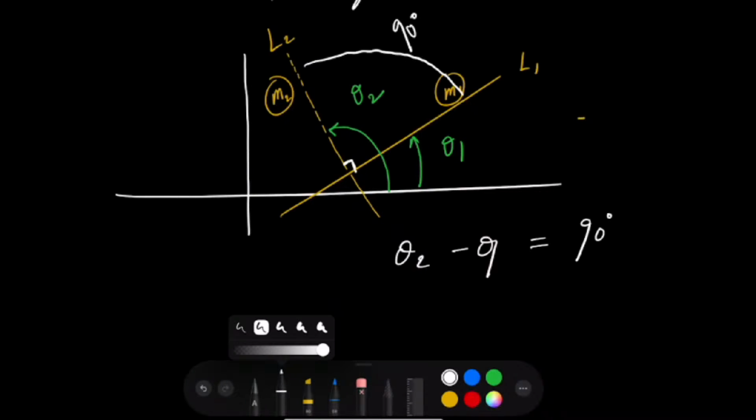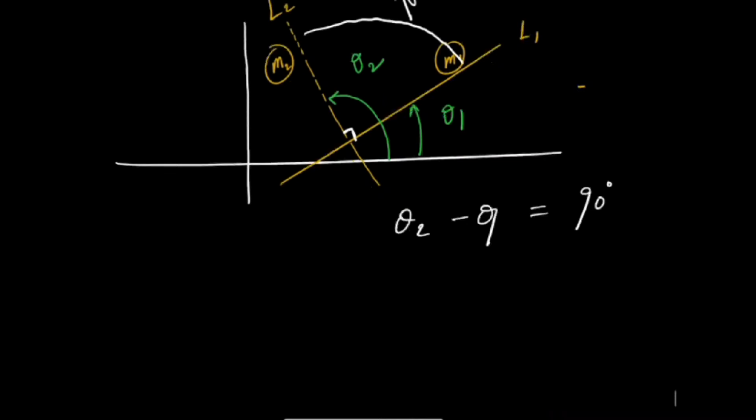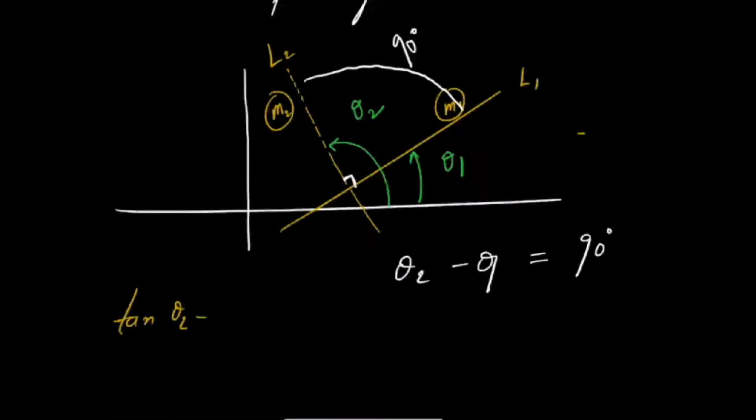Now I'll apply tan on both sides here. So tan of (theta 2 minus theta 1) should be equal to tan of 90. What is tan of 90? Tan of 90 is undefined. Undefined is something by 0, or 1 by 0.